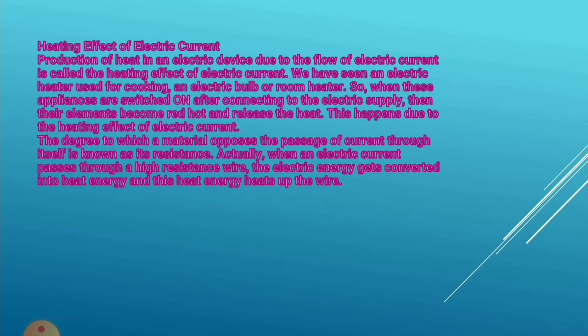The degree to which a material opposes the passage of current through itself is known as its resistance. Actually, when an electric current passes through a high resistance wire, the electric energy gets converted into heat energy, and this heat energy heats up the wire.